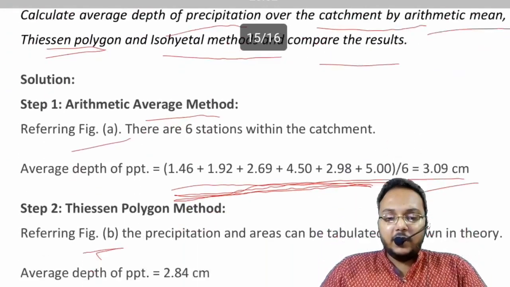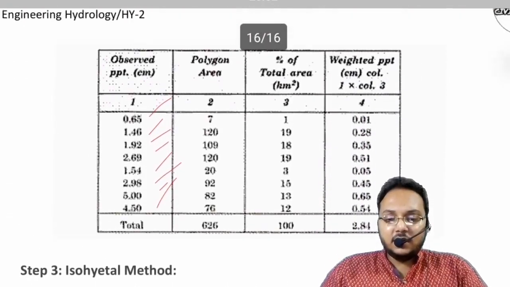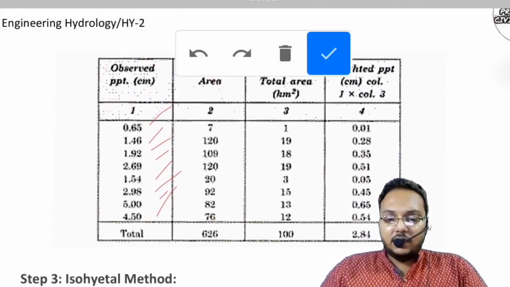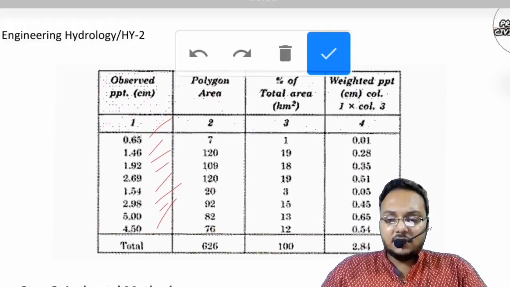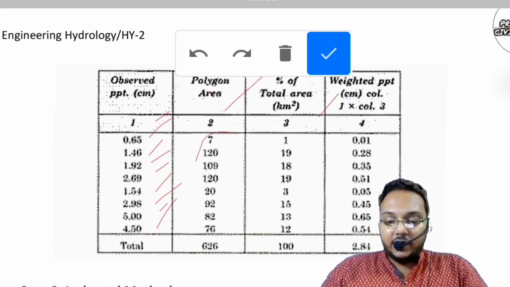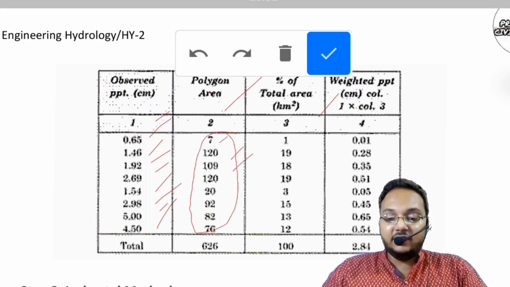We have the area of the polygon, we know the station. So simply let's write the observed precipitation in the first column, polygon area in the second column, percent of the total area in the third. So what you need to do is calculate the total area first by considering each of the polygon areas, and next calculate what percentage of the total area each one is.